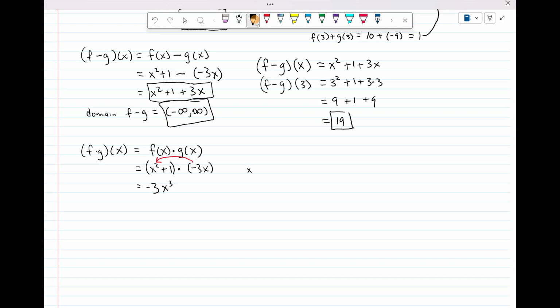And I'll just write this off to the side in case it's not very clear. I'm going to do the same thing here. Negative 3x times 1, that's a little bit easier. That's just going to be minus 3x. And there is my function.